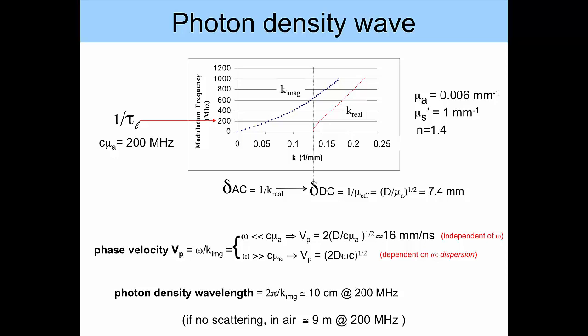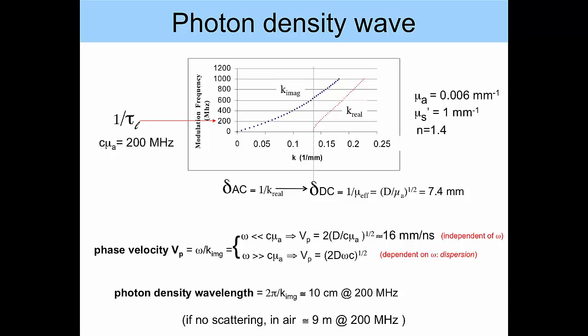So what is driving the dispersion? What is driving the dispersion is the loss relaxation time. If we take the loss relaxation time, which is simply the absorption coefficient times the velocity of light, and we turn that into a frequency, in this case, the absorption coefficient is 0.006 per millimeter, the loss relaxation time corresponds to 200 megahertz.